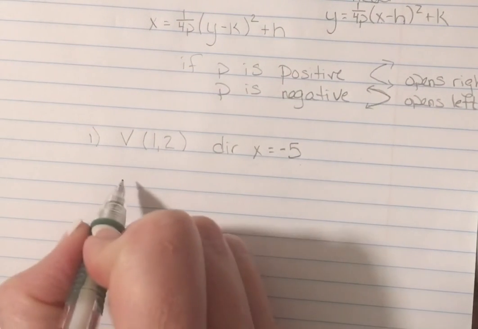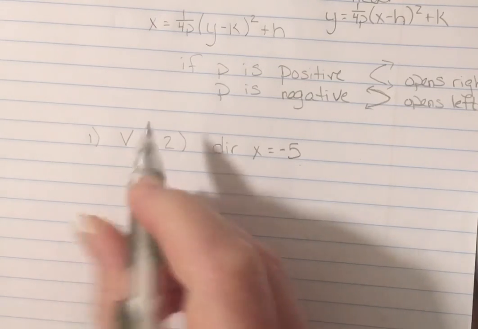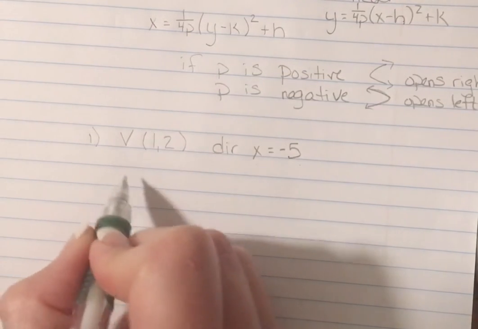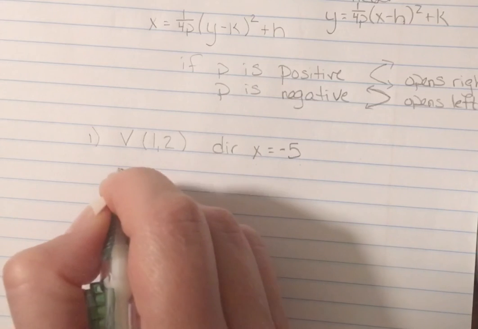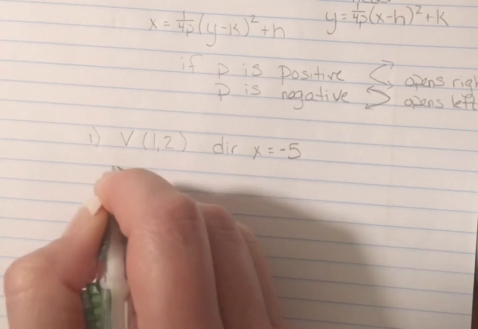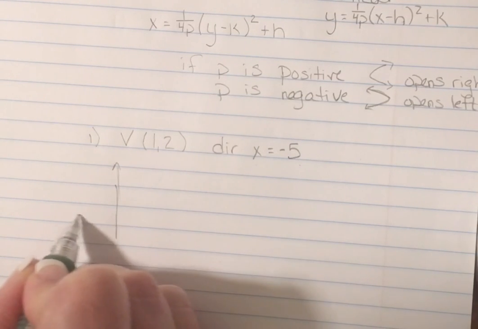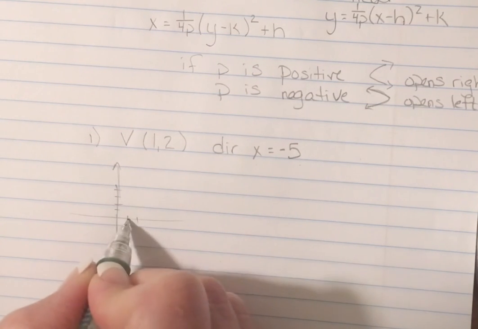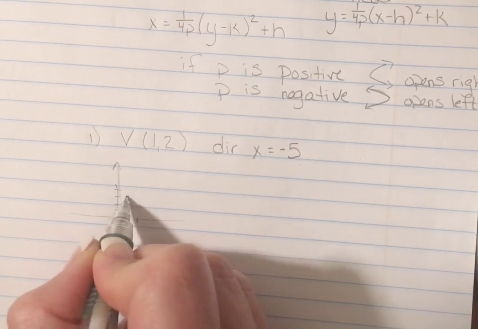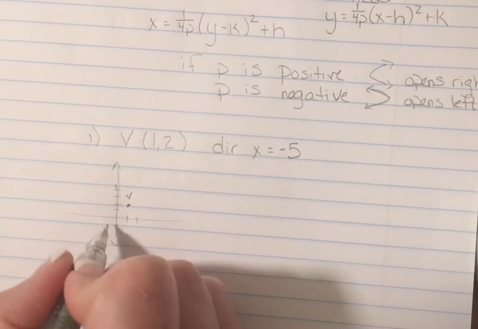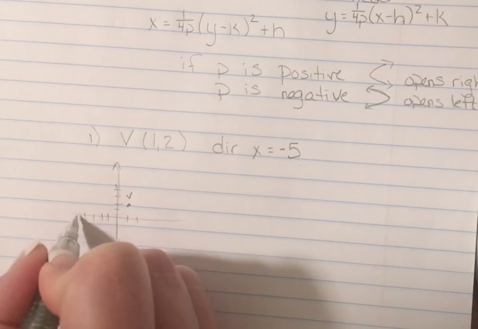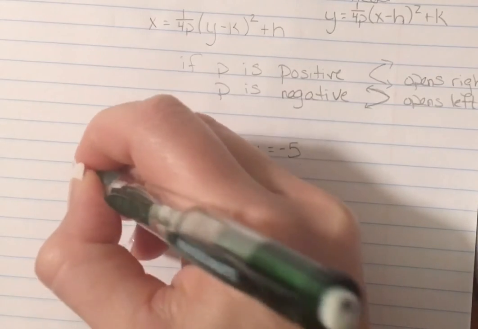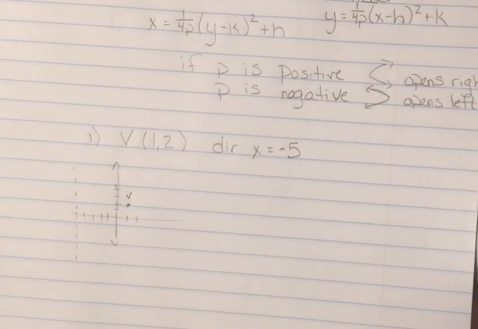So if we sketched this really quickly, the vertex is at (1, 2). The directrix is at x equals -5, so it's right there.